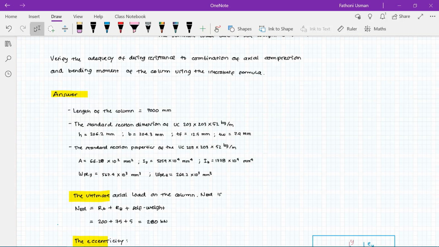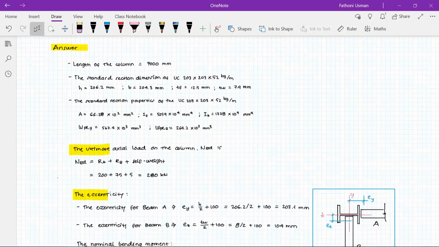The depth and the breadth are required later on to determine the slenderness ratio of the cross section, in order to determine the buckling curve for the compression and also lateral torsional buckling.